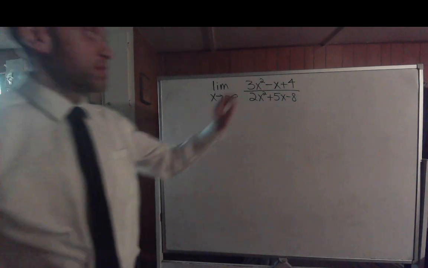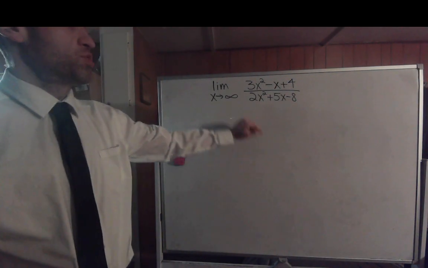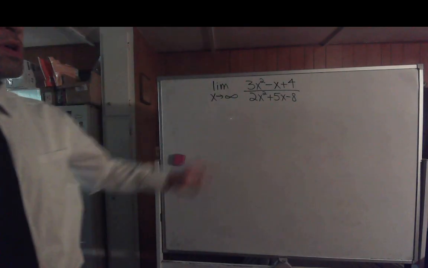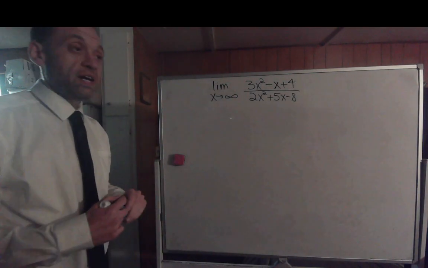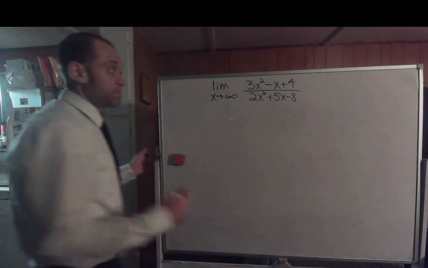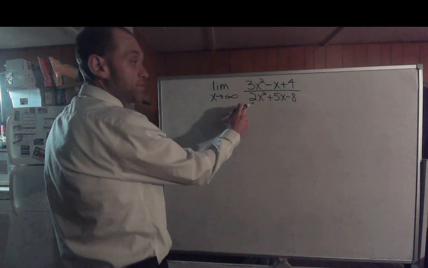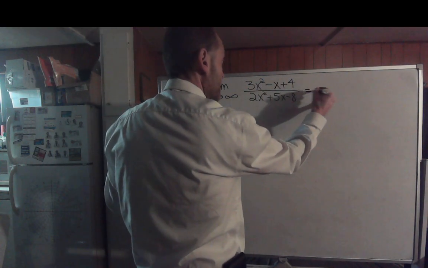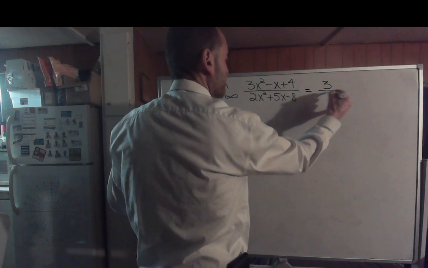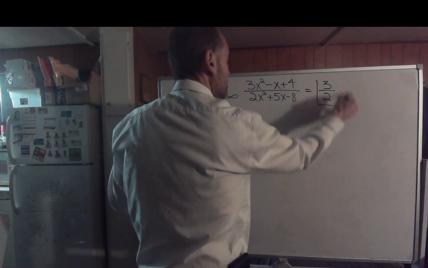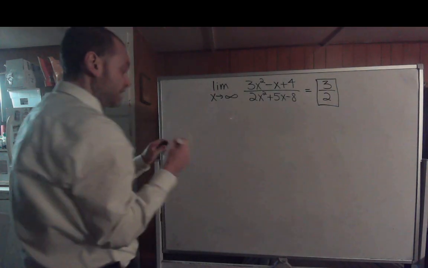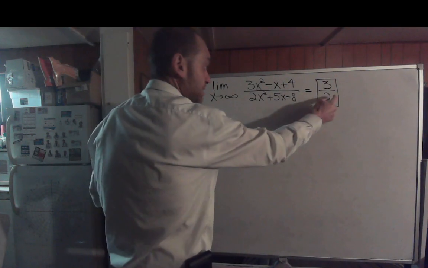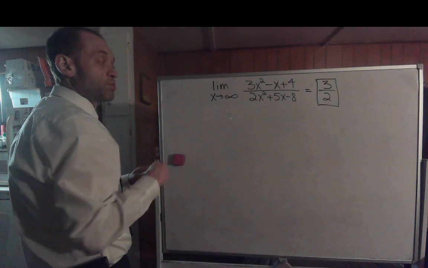And then we don't even care about the other terms in each, we only care about the highest power. And all you have to do to find that limit is take the ratio of the two leading coefficients, which in this case would give you a limit of 3/2. So the ratio of the leading coefficients is 3/2, and that is your limit as x approaches infinity.